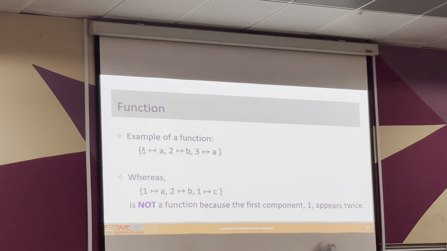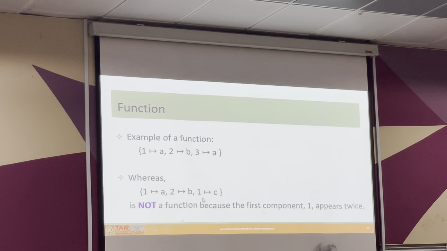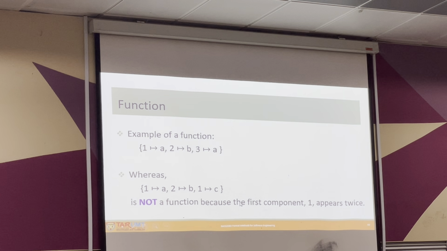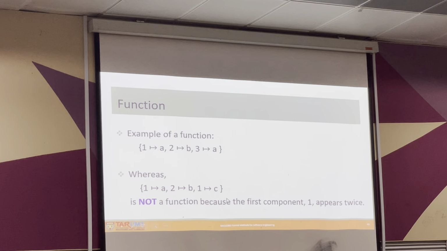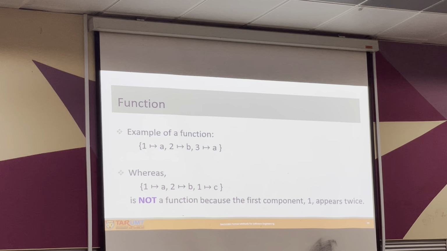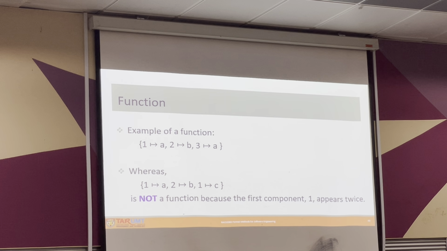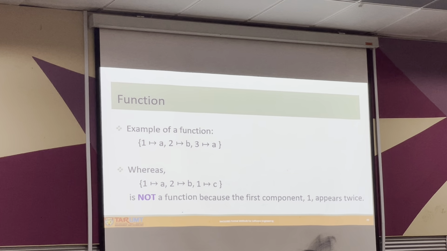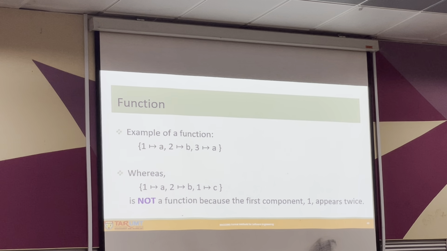But if you look at the second one, where you have 1A, 2B, 1C, with 1 appearing twice, this is not a function. This is a relation. The domain cannot be duplicated for us to say it is a function. For the range, no problem, you can duplicate in set writing.